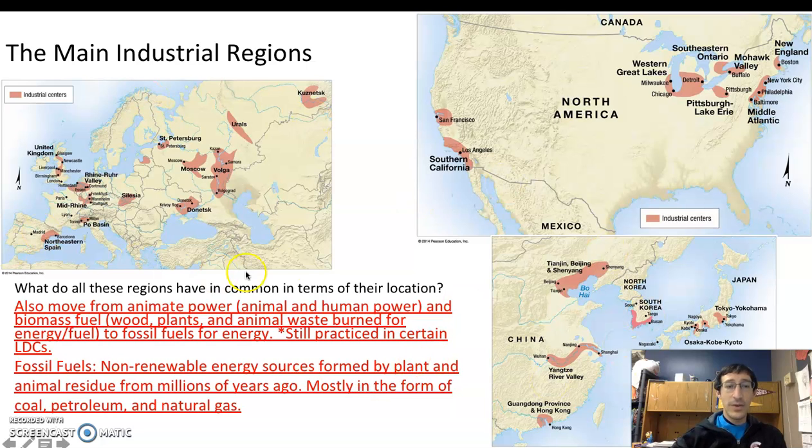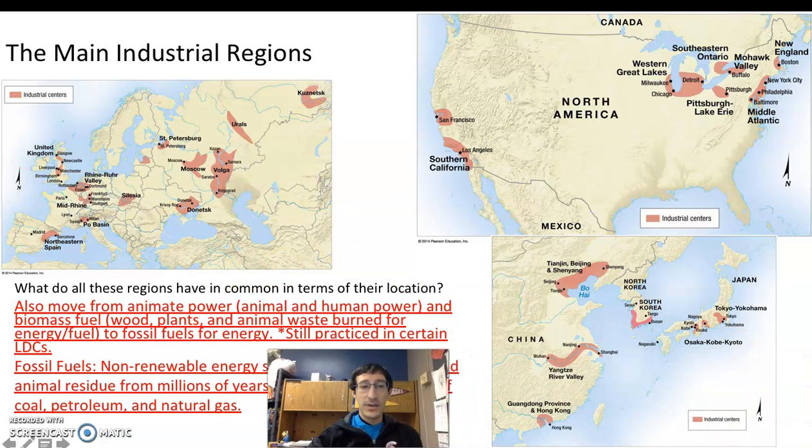Our main industrial regions globally: you can see them throughout Europe, beginning in Great Britain and then spreading throughout much of Europe, North America, and then in East Asia within Japan, Korea, and China. You can see a lot of these areas are around water sources. Access to water is essential for transporting goods to and from other areas.